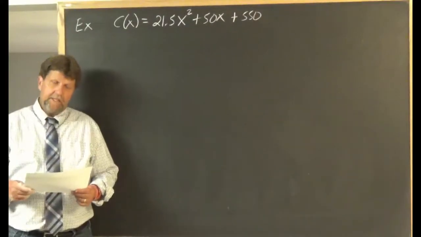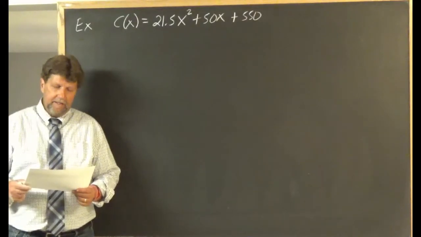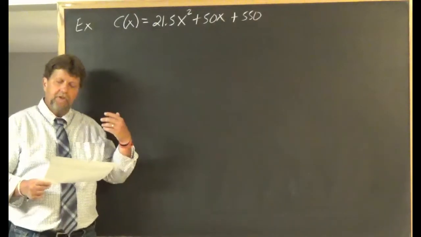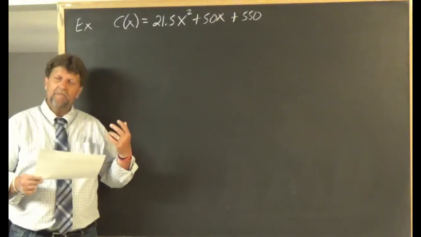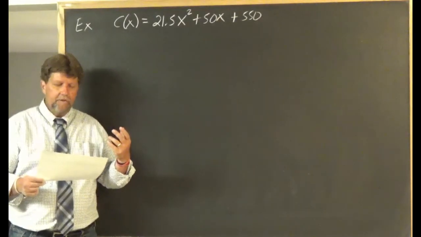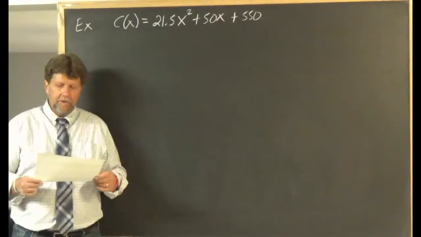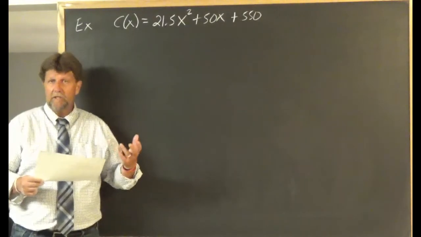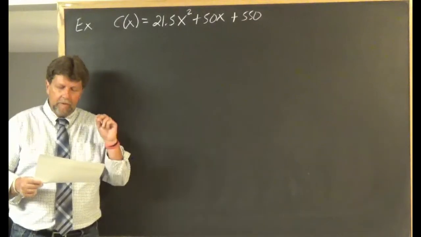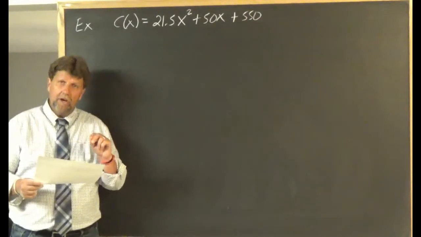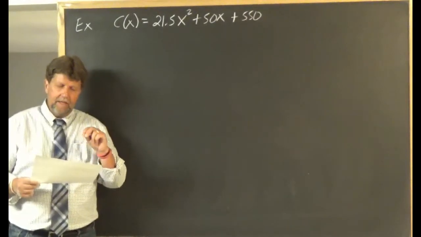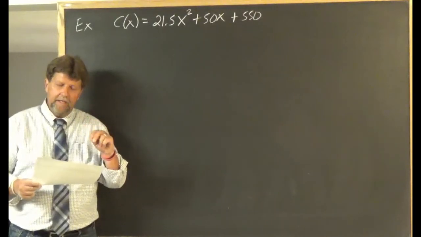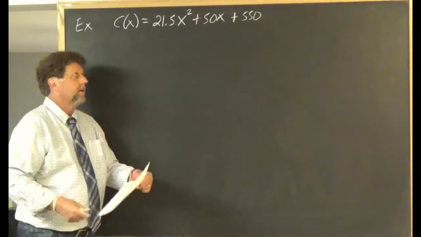All right, our first example here in the study of marginal analysis: you were given a cost function for the cost of producing x upright pianos. x is the number of pianos, C of x is the cost in dollars. We were asked to compute the marginal cost function, MC of x, and also find and interpret MC of 20.